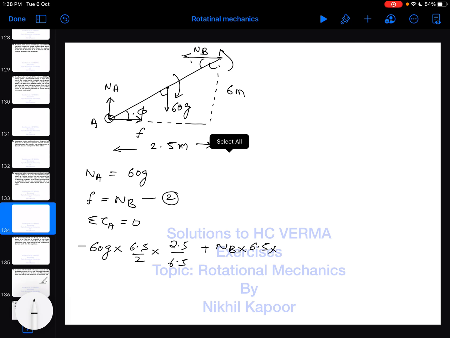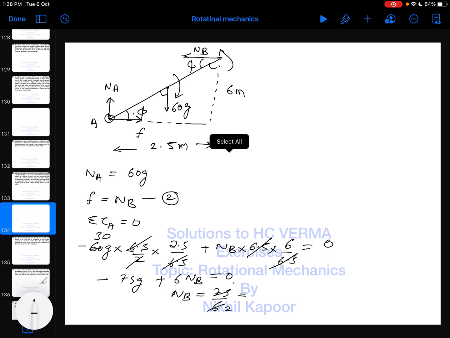This will be the angle between them, that is phi. So what is sine phi? Side opposite upon hypotenuse, 6 upon 6.5. 6.5 and 6.5 get cancelled. So that comes out to be minus 75g plus 6 NB equal to 0. So NB comes out to be 75g upon 6.